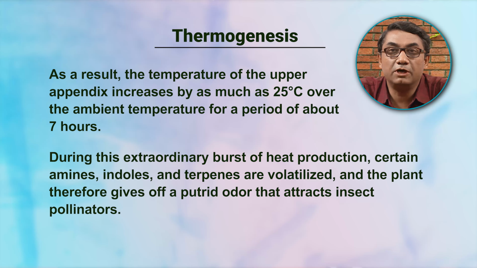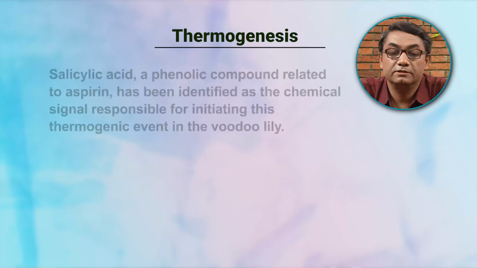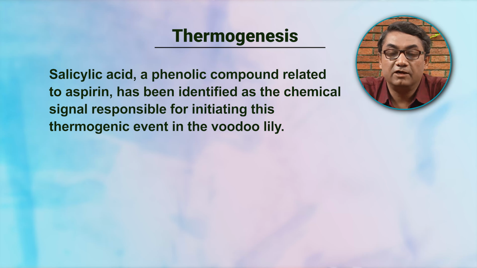During this extraordinary burst of heat production, certain amines, indoles and terpenes are volatilized, and the plant therefore gives off a putrid odor that attracts insect pollinators. Salicylic acid, a phenolic compound related to aspirin, has been identified as the chemical signal responsible for initiating this thermogenic event in voodoo lily.